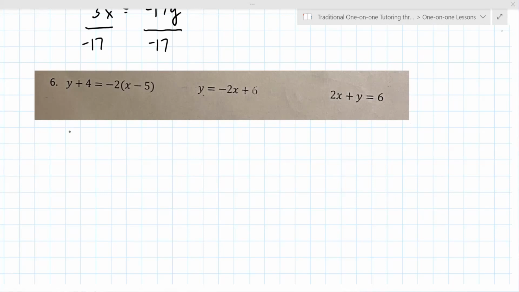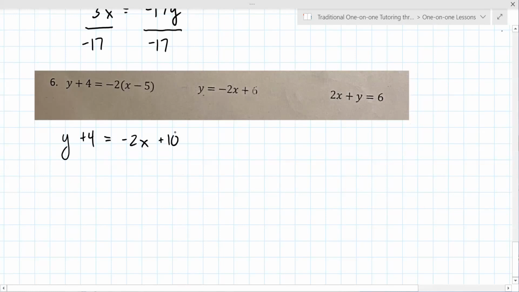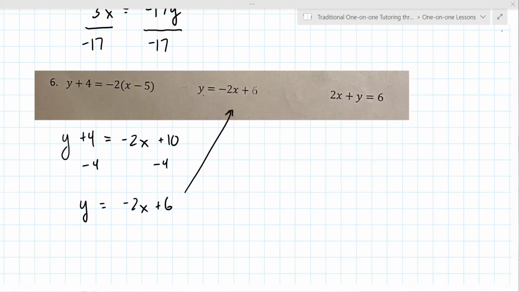So on the left here, it's y plus 4 equals minus 2x plus 10. And so when you subtract 4 from both sides, you get y equals minus 2x plus 6, which is like that one. So wait, what? Well, it matches.